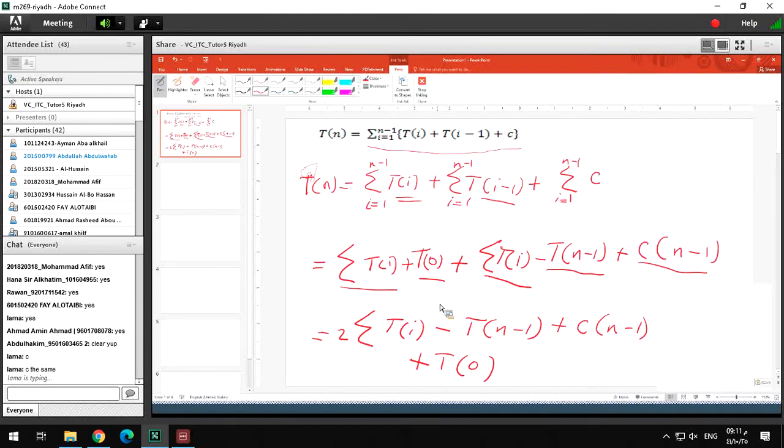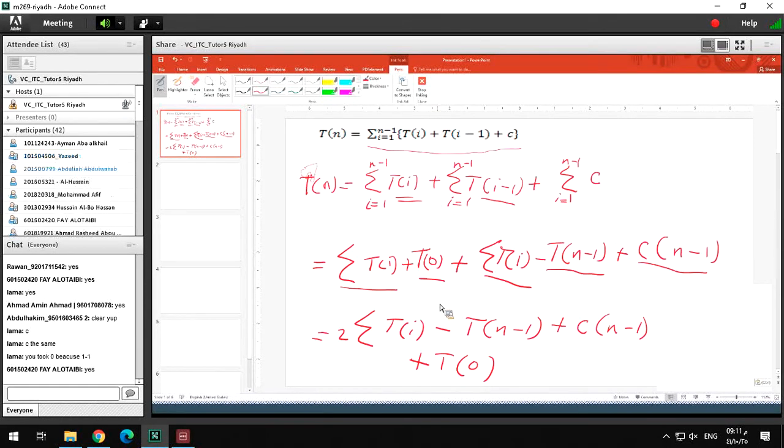Clear up to here? This is how we reach this equation. Yes, because 1 minus 1. Okay, that's great.